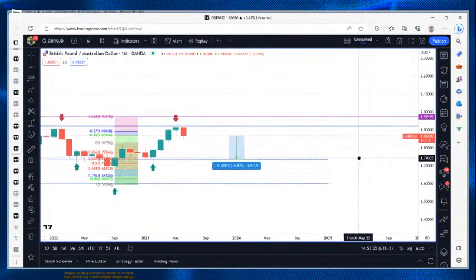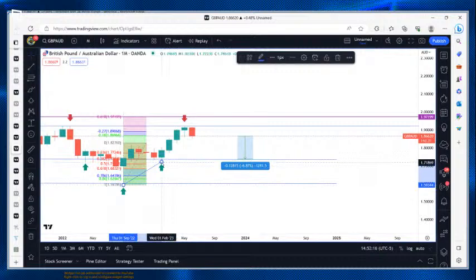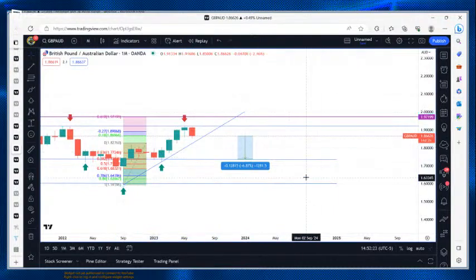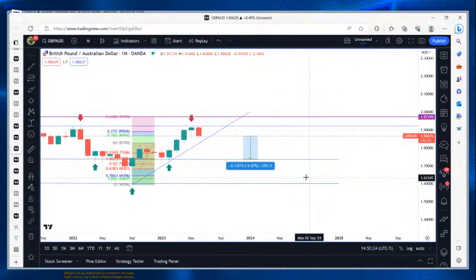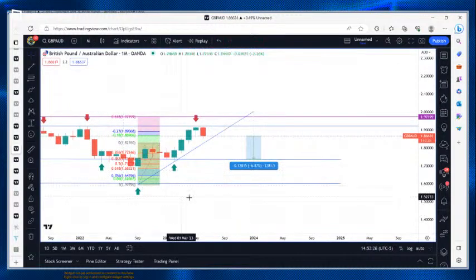And if we bring in the trend line, kind of gauge what's been going on with these lows. All right. You see the market breaks that trend line from that low.